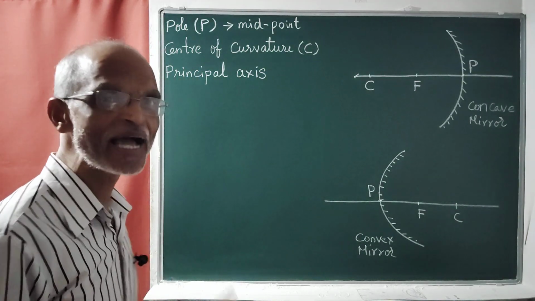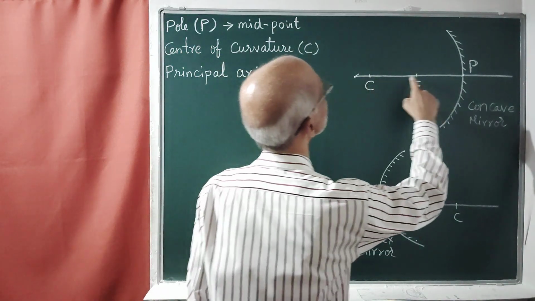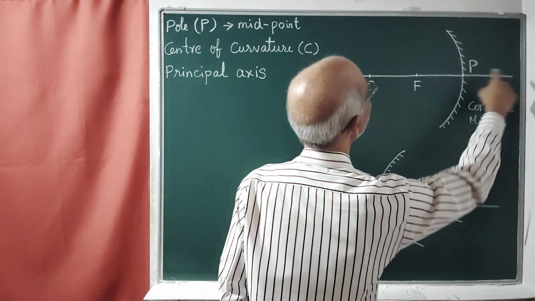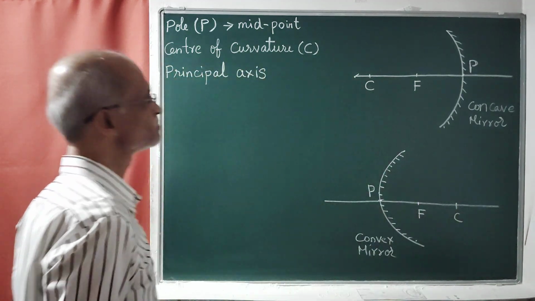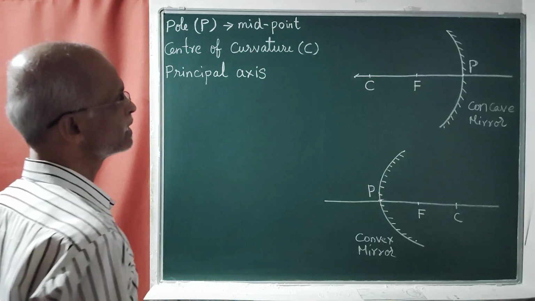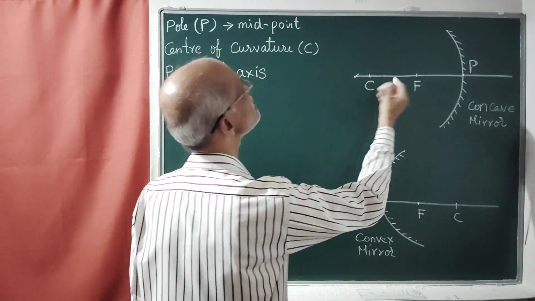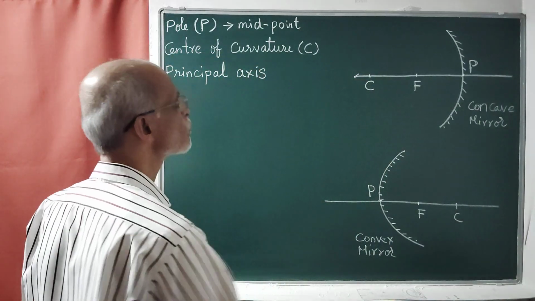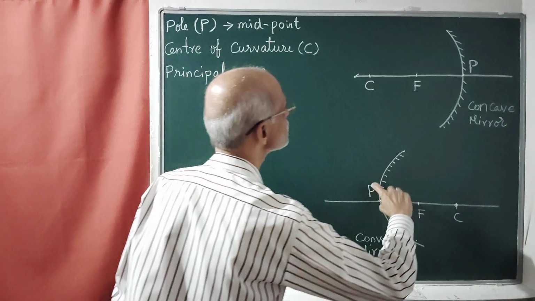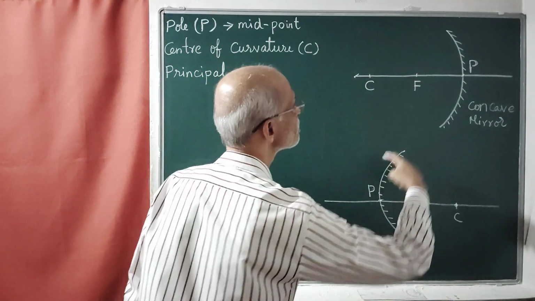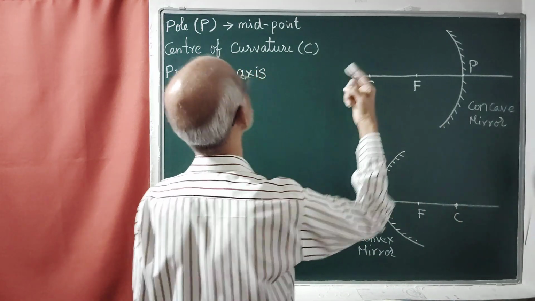It is the imaginary line that passes through the center of curvature and the pole. In the case of a concave mirror, the center of curvature is in front of the mirror. In the case of a convex mirror, the center of curvature is behind the mirror because the sphere comes like this. So in this case, C is behind the mirror. Here C is in front of the mirror.